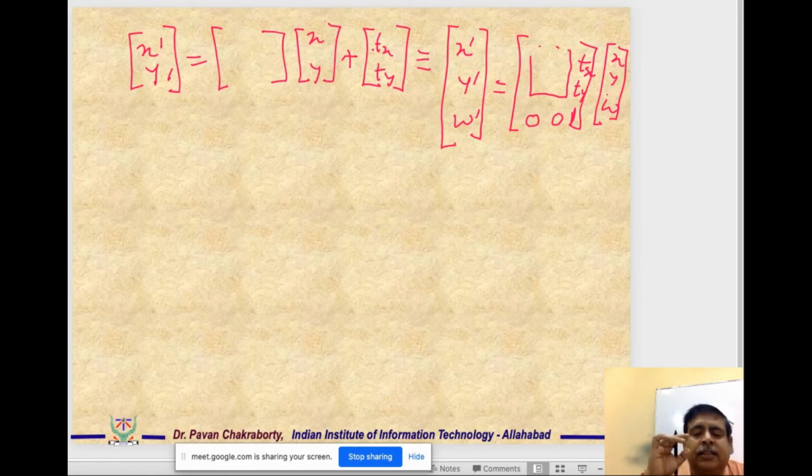It will be still a three-dimensional quantity with a specific value of the fourth dimension where omega is equal to 1. So this is a mathematical jugglery to make a nonlinear function into a linear function.